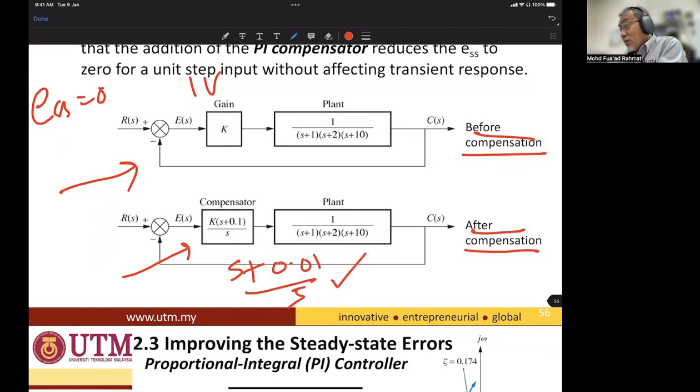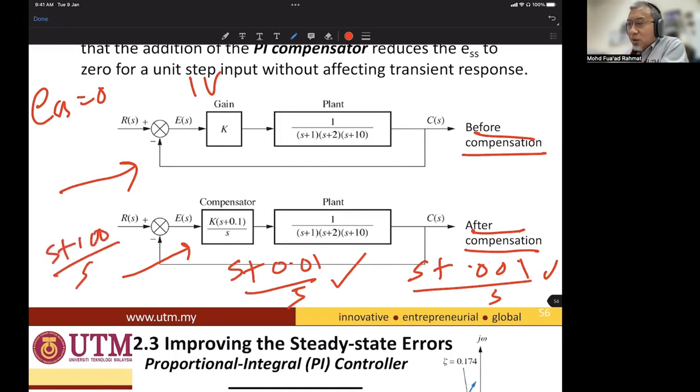And another chooses 0.001 over S. Yes, can. Also right. But if you choose S plus 100 over S, this one is wrong. So it cannot be far away from the origin. You can choose 0.1, 0.01, or 0.001, as long as the number is very small and the location of the zero will cancel out the pole at the origin.